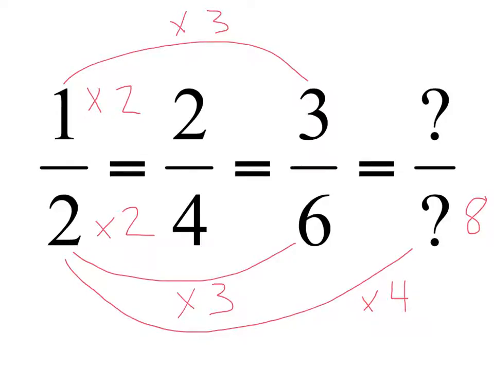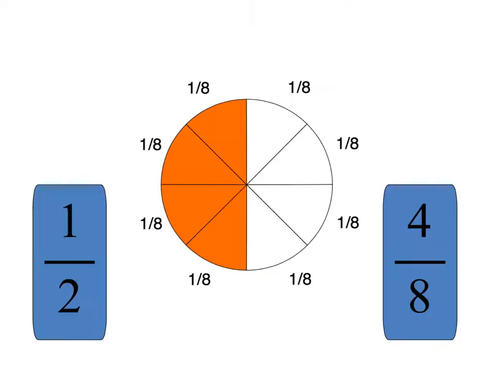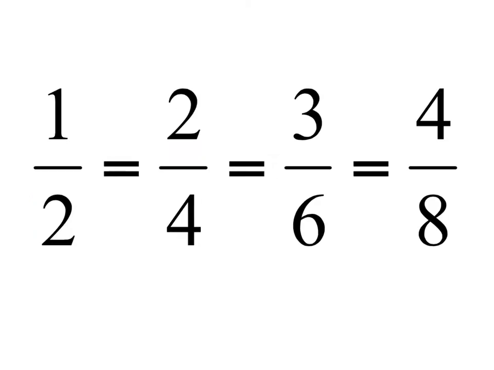And then 1 multiplied by 4 is 4. So an equivalent fraction for 1/2 is also 4/8. Okay, so you can see from this circle that it's split into 8ths, so 4 of those is equal to 1/2. So that's the answer there.